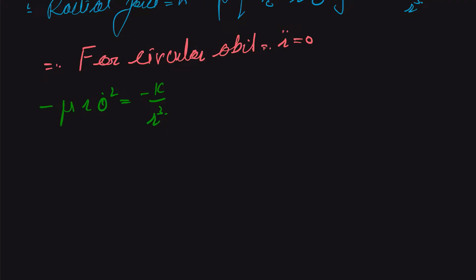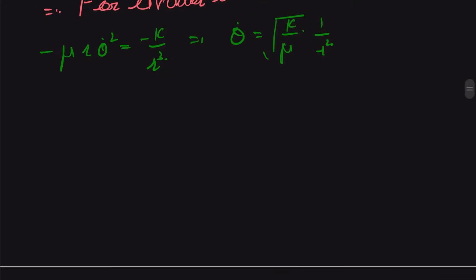And from here we get that theta single derivative is equal to the square root of k upon mu, times 1 upon r square. And we know that L, our angular momentum, is equal to mu r square theta single derivative.